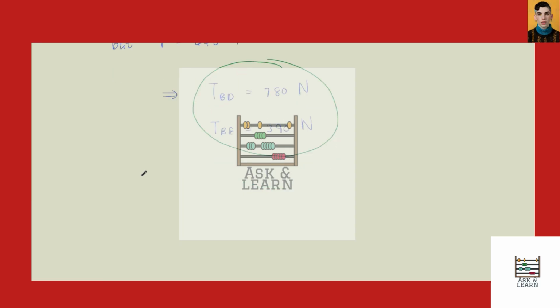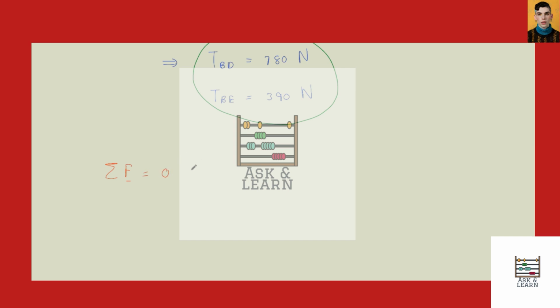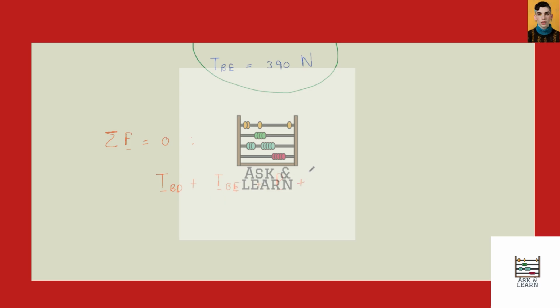So if we take the sum of all the forces, we know the forces acting on this pole at equilibrium must equal to 0. That means that the tension of BD plus the tension TBE plus P plus the reaction A must equal to 0.